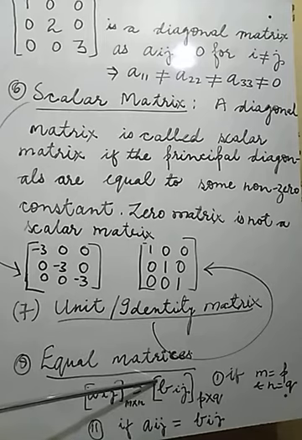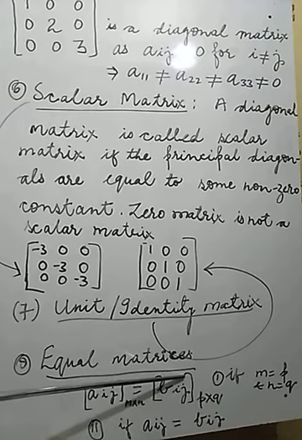The second element of the first matrix must be equal to the second element of the second matrix. The third element of the first matrix must be equal to the third element of the second matrix. This is of row number 1.